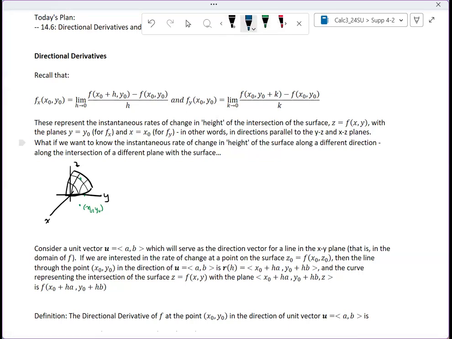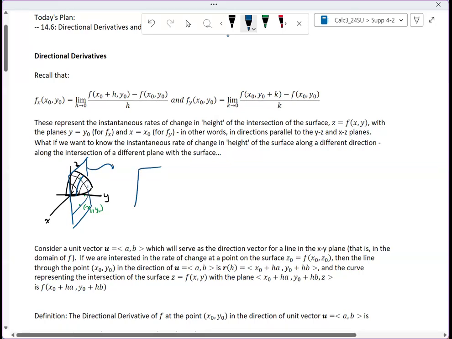And then we're thinking of a plane. I'll try to draw this in a somewhat sensible manner. We're thinking of a plane that's parallel to the xz plane that goes through this point x naught, y naught on the xy plane, and through the point x naught, y naught, z naught on the surface, and it intersects the surface in a curve.